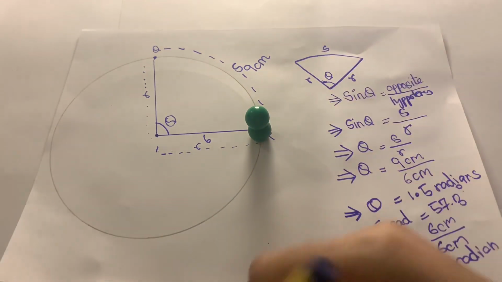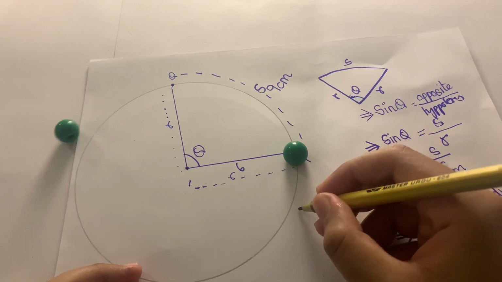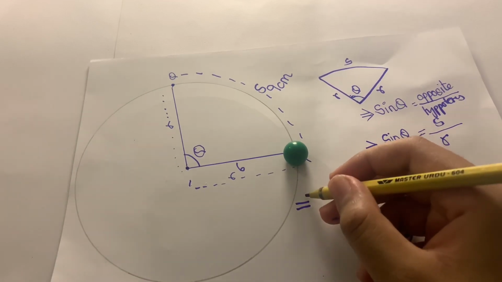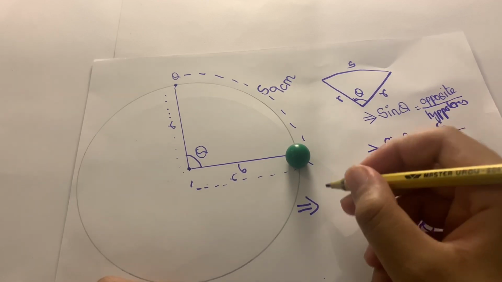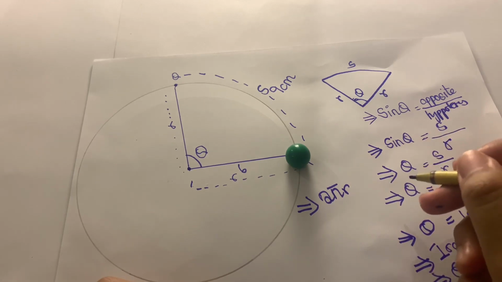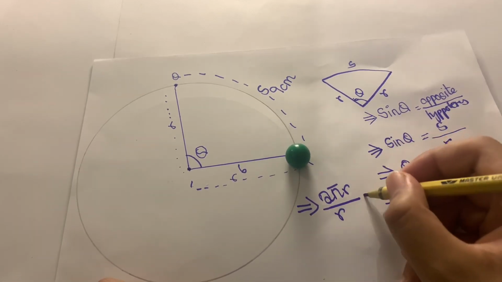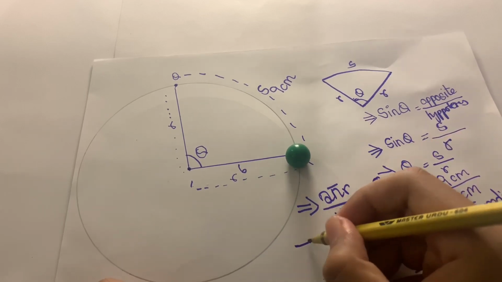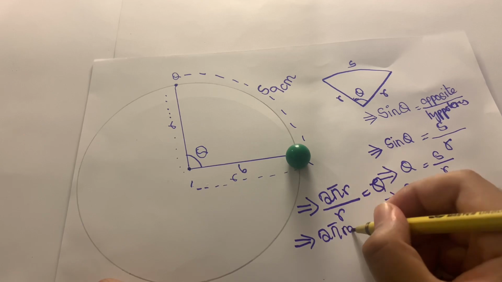We know it has moved a whole circumference, and the formula for a circle's circumference is 2 pi r. So the distance it has traveled is 2 pi r over the radius, and we get theta, so the angular displacement will be 2 pi radians.